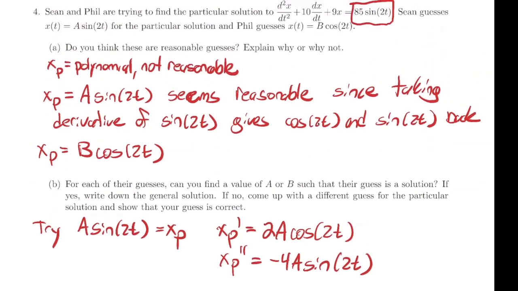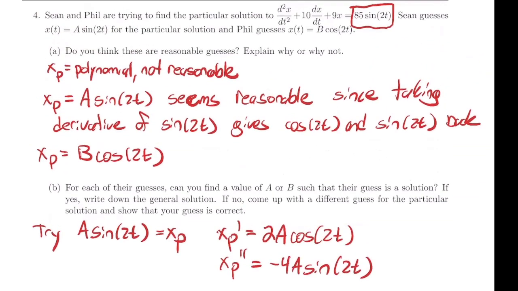And if I try plugging this back into the differential equation over here, we're going to have problems getting this to work out. And why is that? That pesky cosine. Yeah, we've got this cosine from the first derivative.